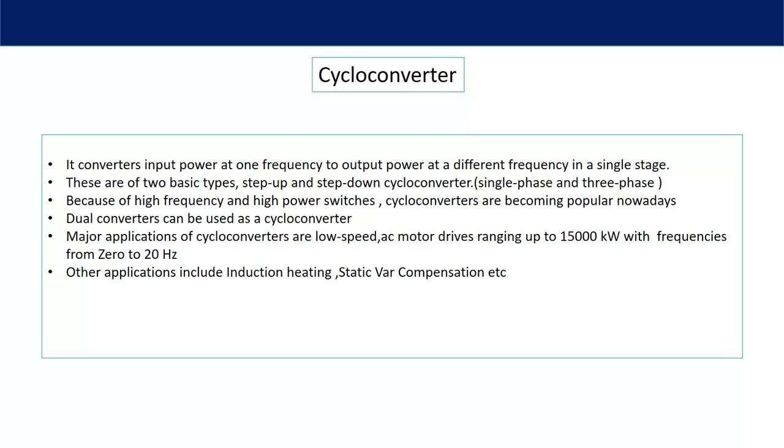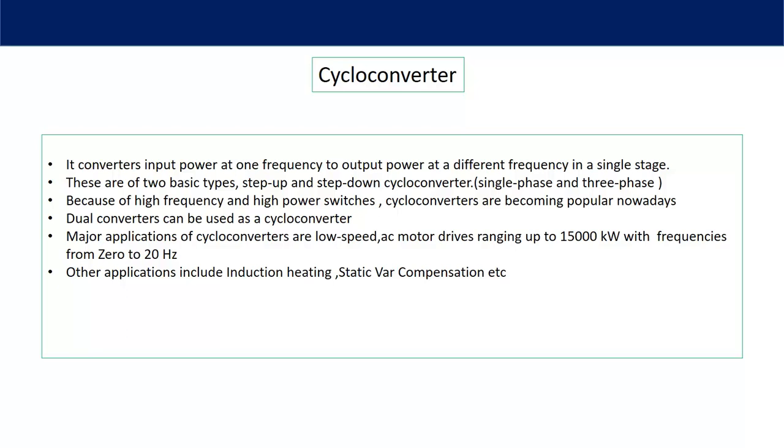It converts input power at one frequency to output power at a different frequency in a single stage. These are of two basic types, step up and step down cycloconverter. Based on the input and output voltage, it can be single phase step up step down or three phase step up step down cycloconverter.